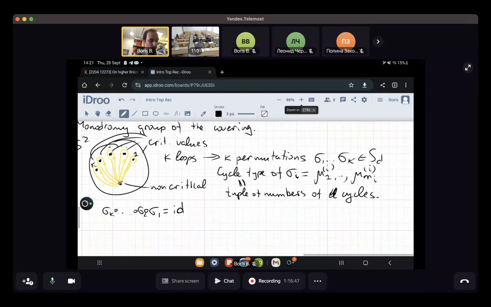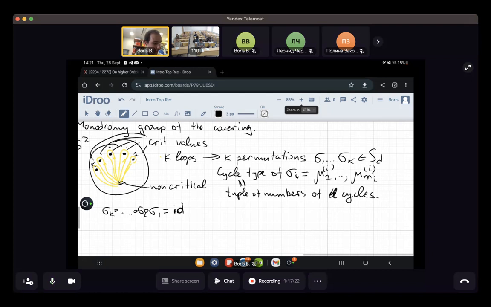Because if we go around all these k loops, that is this loop on the other side of the sphere, so it's the identical permutation. And these permutations are called monodromy permutations, and the group generated by sigma 1 etc. sigma k is called the monodromy group.